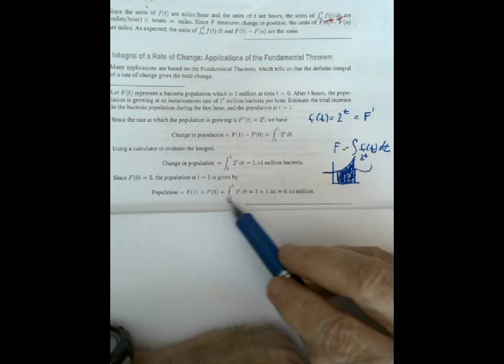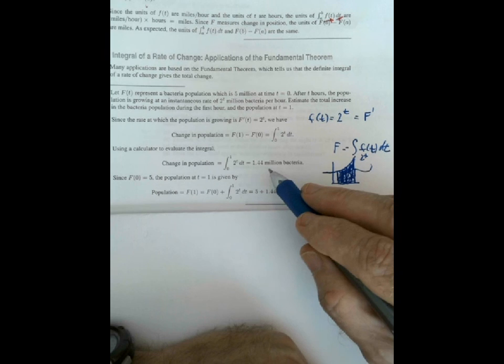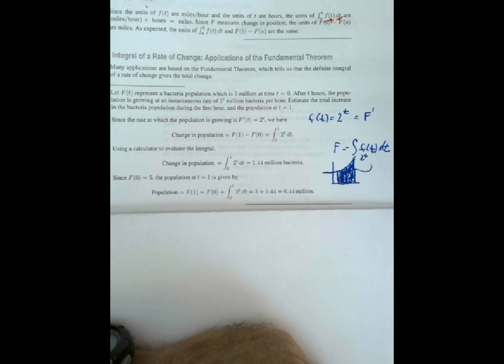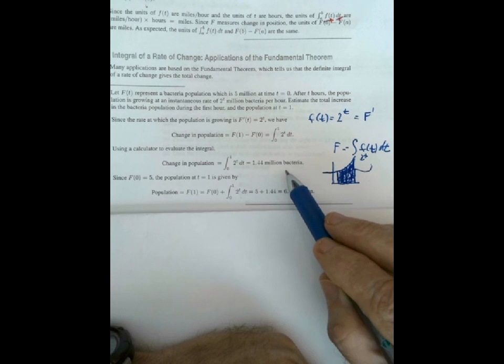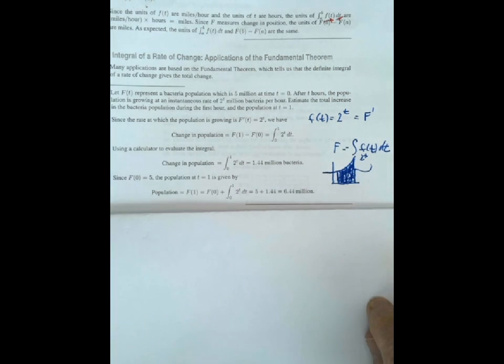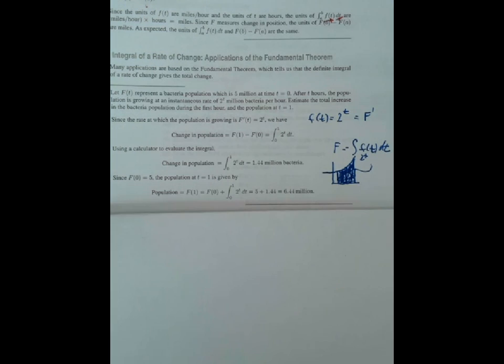So that turns out to be 1.44. We started out with 5 million, so we add the 5 million to the 1.44 million, and that gives us 6.44 million bacteria total after 1 hour. So if you're feeling ill right now, you know why: the growth rate of bacteria is fast.